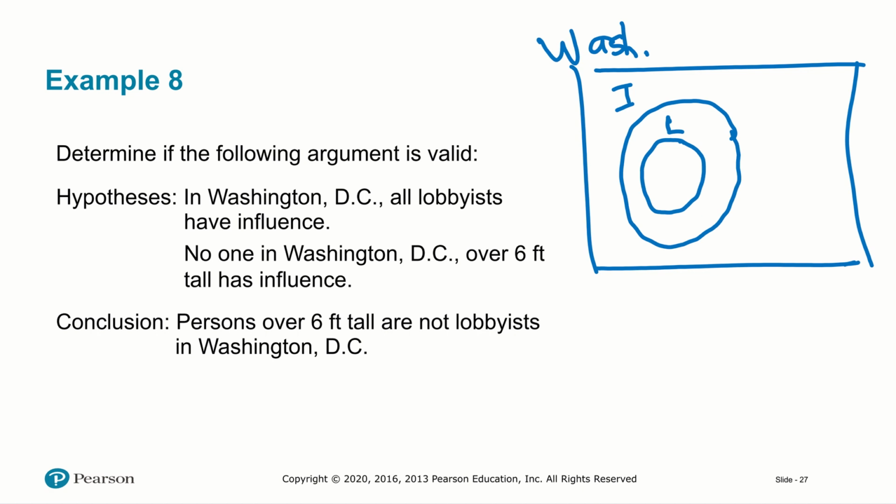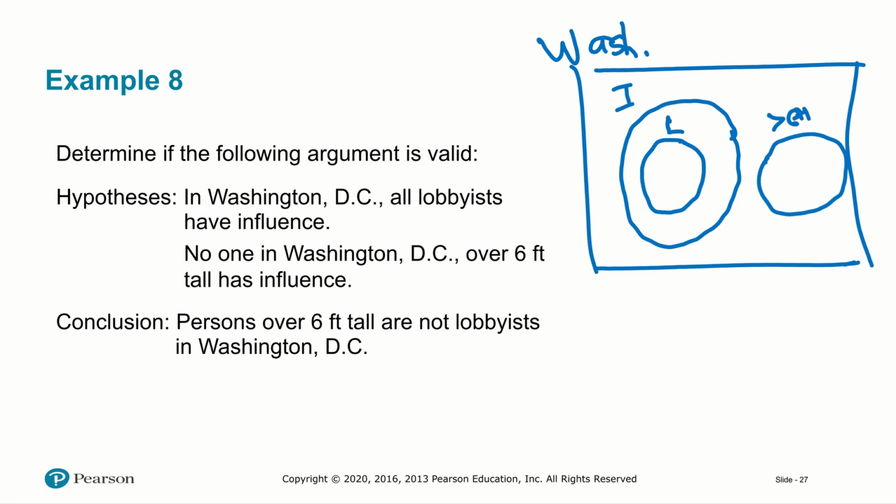So the people who are over 6 feet tall are going to be completely outside of the influential circle, right? So let's do another little circle-like object here, and we'll call this one the taller than 6 feet individuals, right?